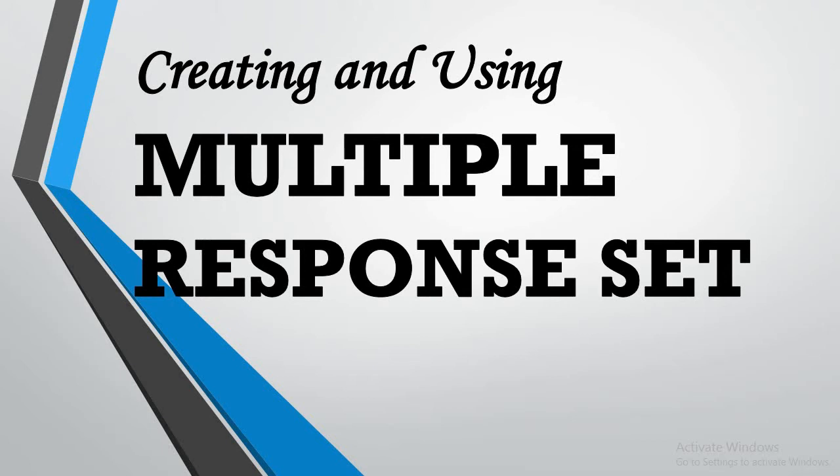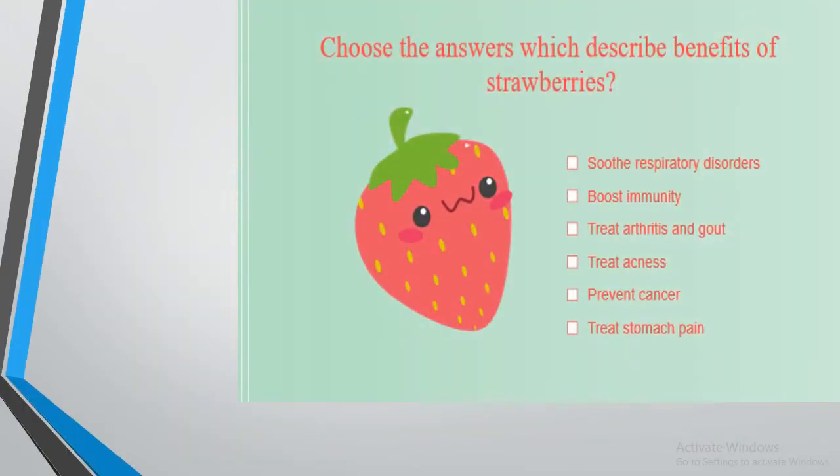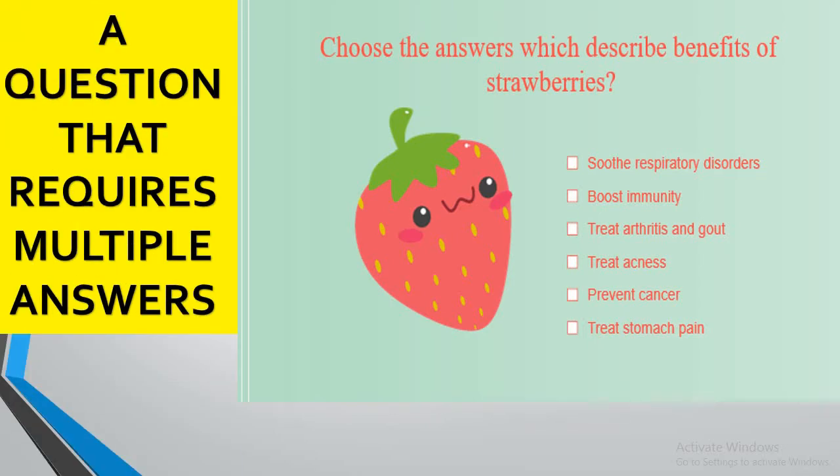Again, my topic is creating and using multiple response sets. In some cases, when we ask questions of our respondents, we don't require them to give only one answer, but several answers, just like this example. Choose the answers which describe the benefits of strawberries.